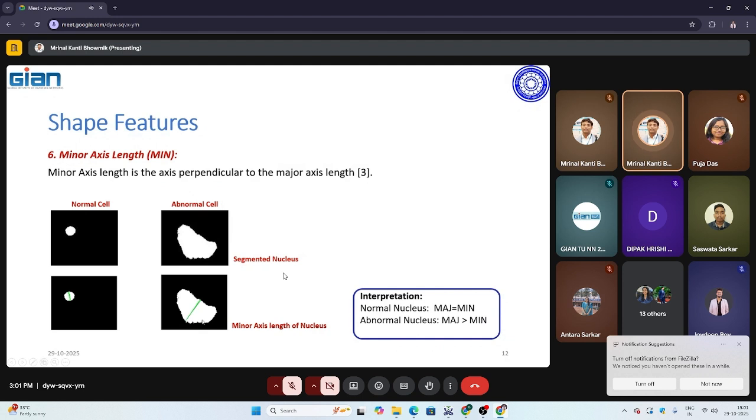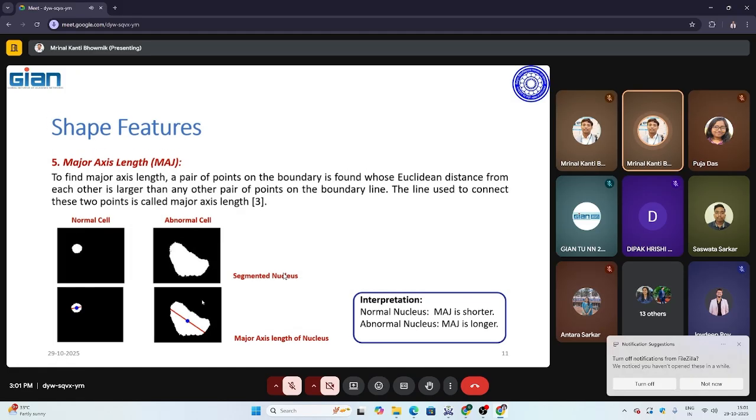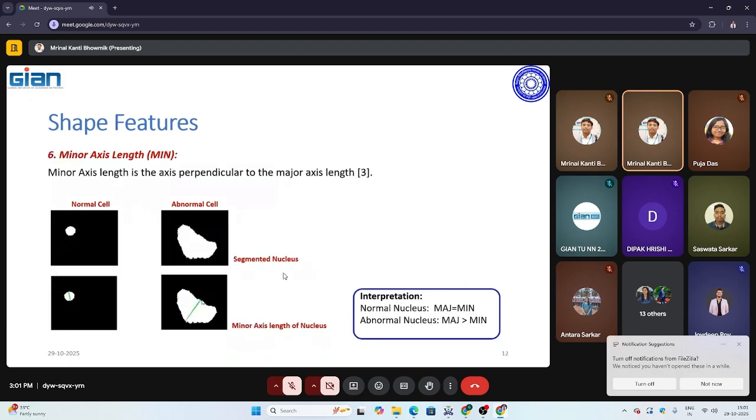Whereas the minor axis length of the abnormal cell will be much different from the major axis length. You can see this is the major axis length and this is the minor axis length, where the major axis length is much longer than the minor axis length for abnormal cells, and for normal cells both of these are equal.